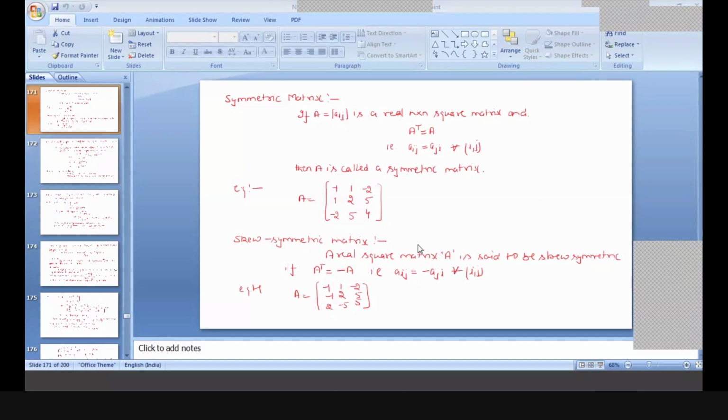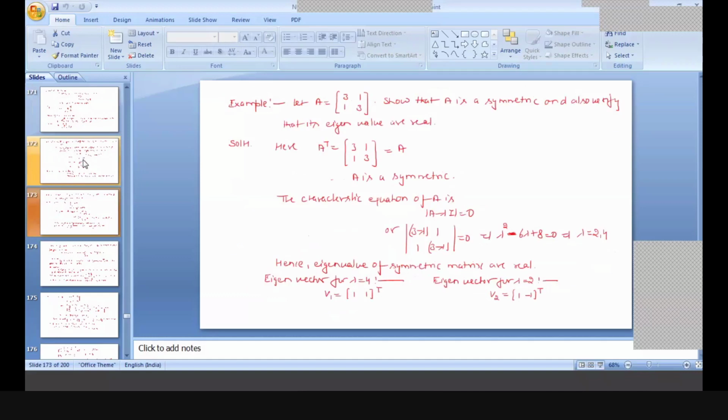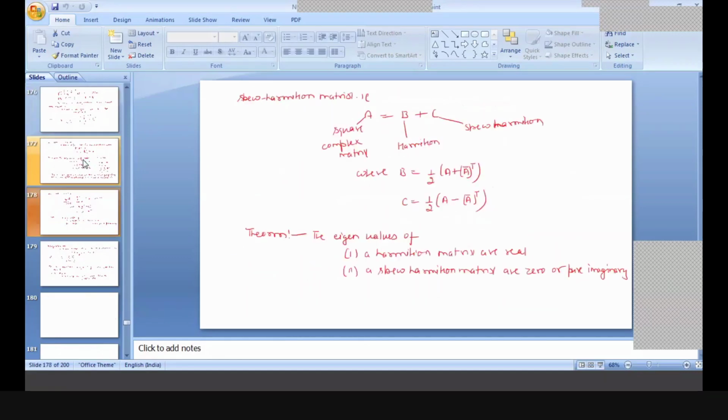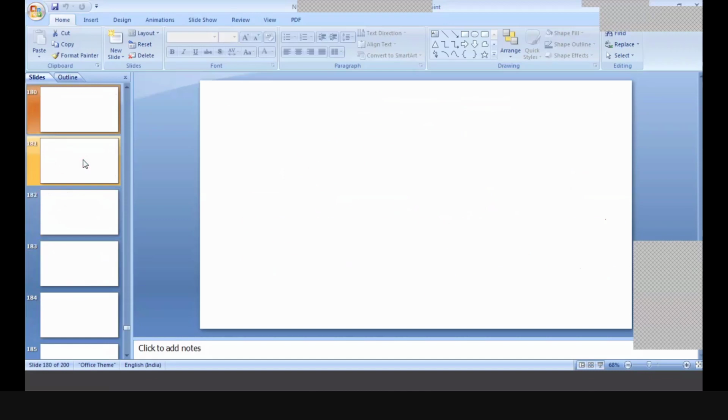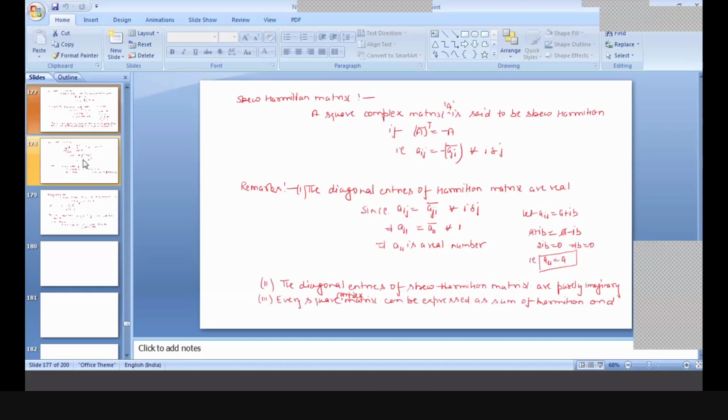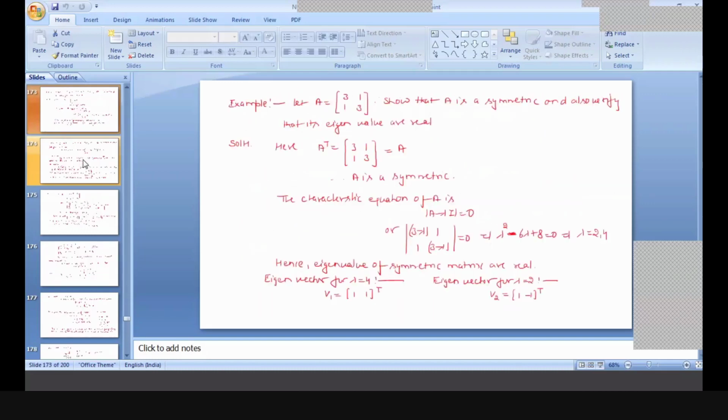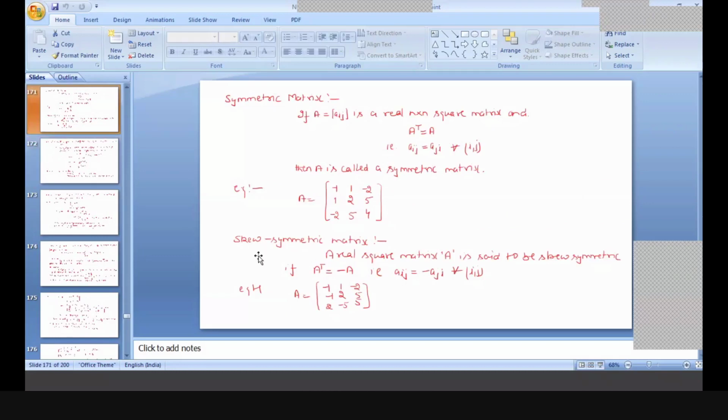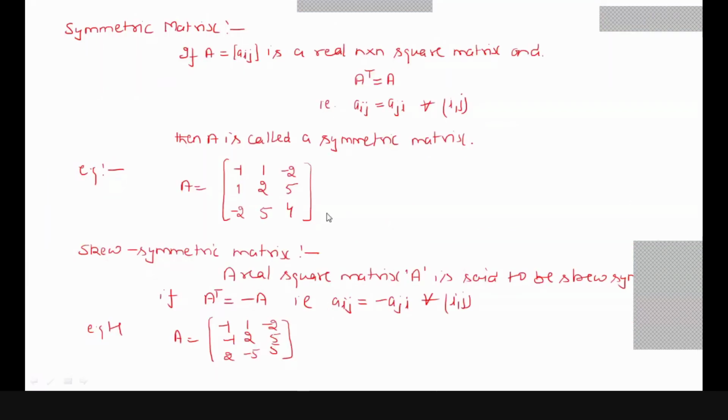So if A is a real n cross n square matrix and if A transpose is equal to A, the matrix A is called a symmetric matrix.